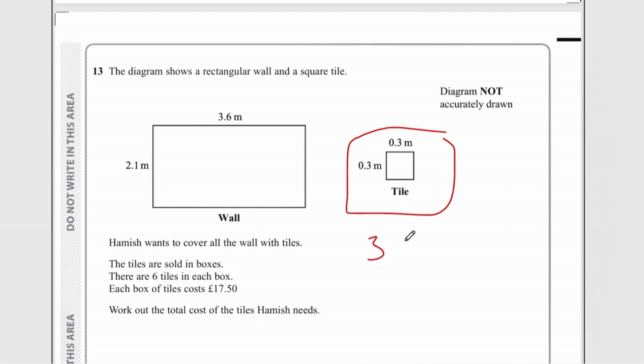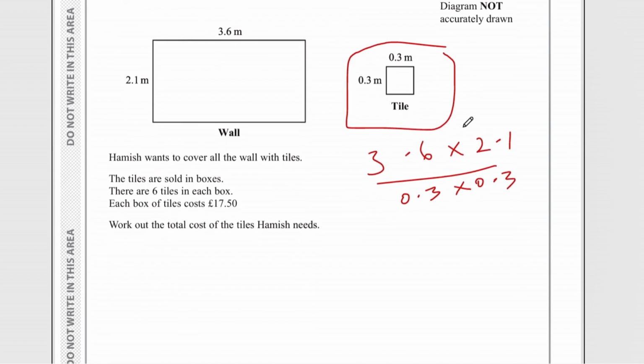Area is length times the width, so 3.6 times 2.1 divided by the area of the tile, that's 0.3 times another 0.3. When you divide these two areas, you're going to get 84.